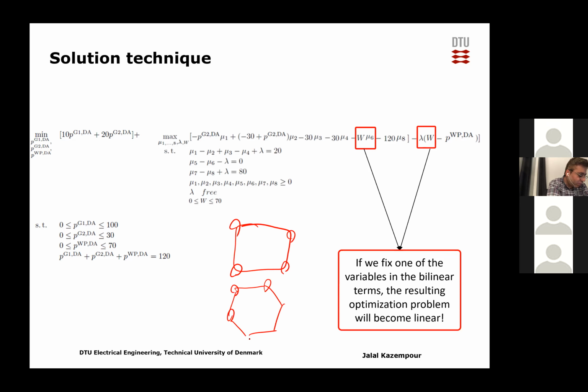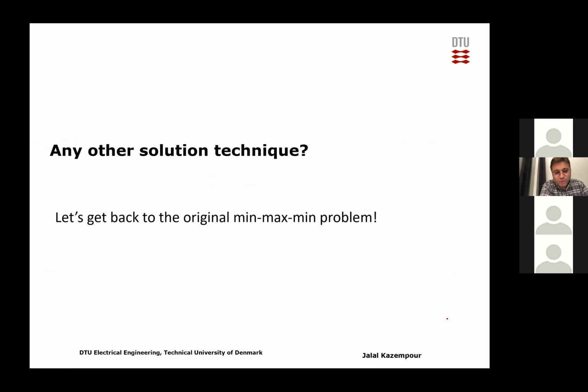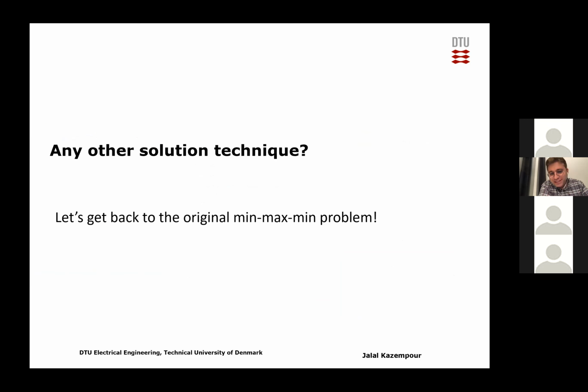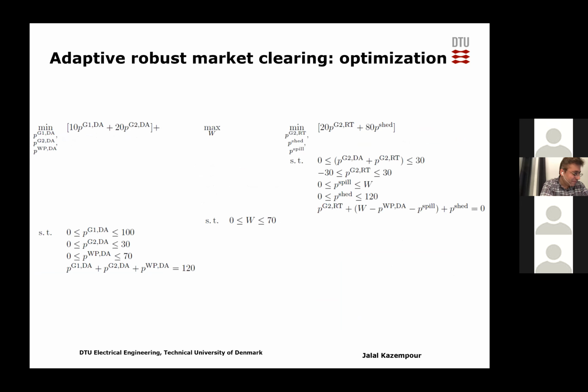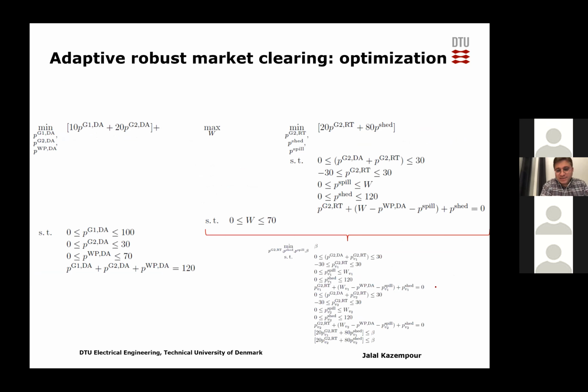So we can do some iterative procedure and find the worst W. I'm not going to explain how to solve it further, because we would need a whole day on adaptive robust optimization, but I'll provide some references. Also, as I said, we always know that our worst case realization is one of the vertices, so you can simply do that.